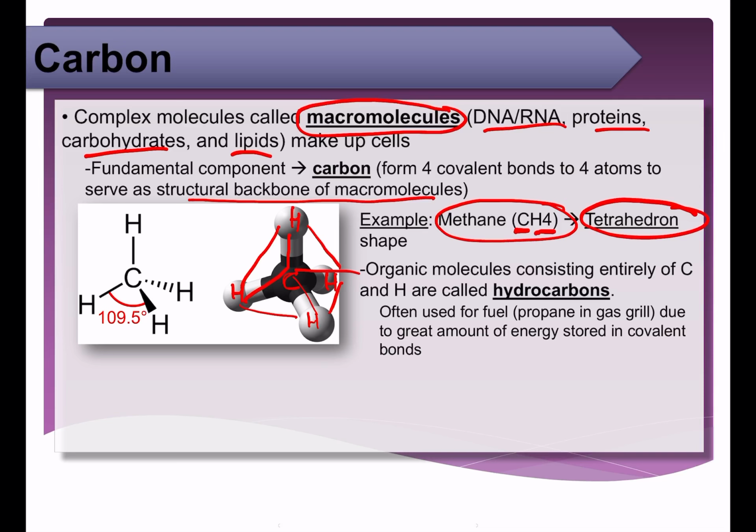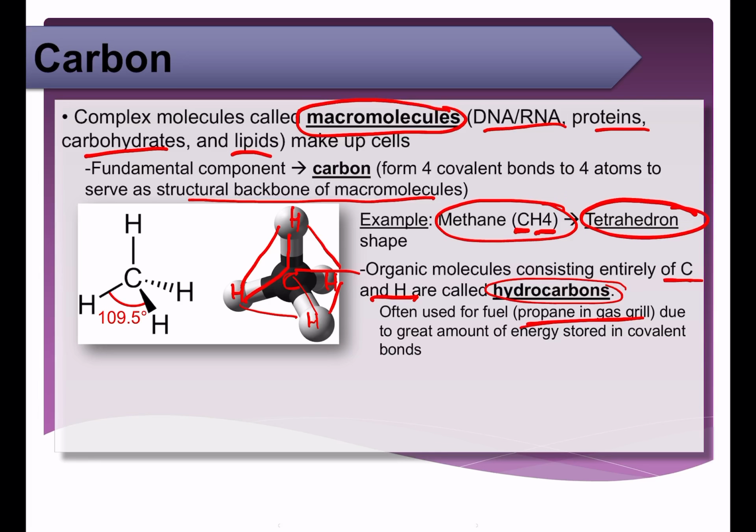Many larger organic molecules can be made up entirely of just carbons and hydrogens, and we call those molecules hydrocarbons. And hydrocarbons are what we oftentimes use for fuel purposes, such as propane in our gas grills. The reason we are able to use hydrocarbons as fuel is because all those covalent bonds between each hydrogen and the carbon can contain a lot of energy.